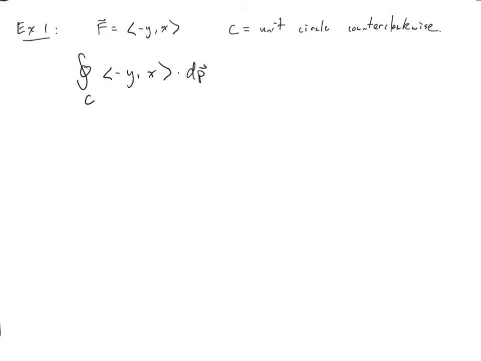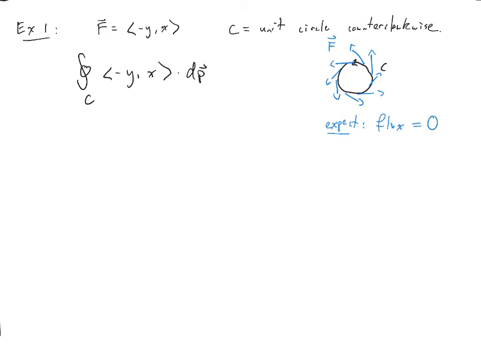So let's, as our first example, compute the flux of the rotational vector field over the unit circle, oriented counterclockwise. Because my unit circle C looks like this, and my rotational vector field, here's F, is completely tangent to this circle at all these points, my expectation is that the flux is 0.